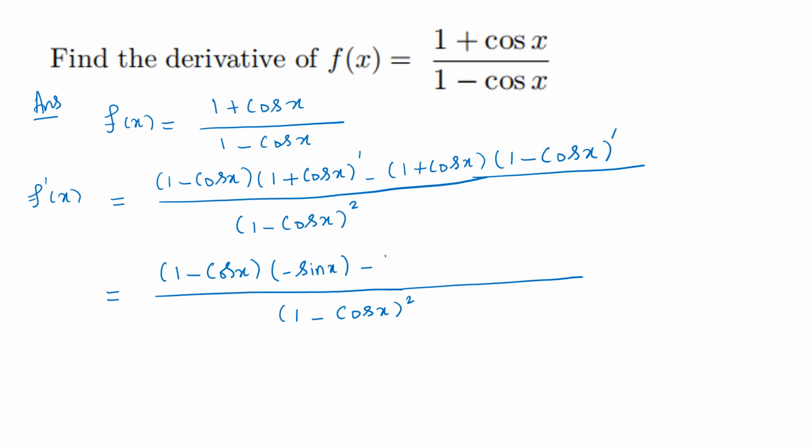Next, minus 1 plus cosine x times 1 minus cosine x derivative. 1 derivative is 0, minus cosine x derivative is sine x. Sine x derivative is minus sine x, so minus cosine x derivative is sine x. Now just simplify this.